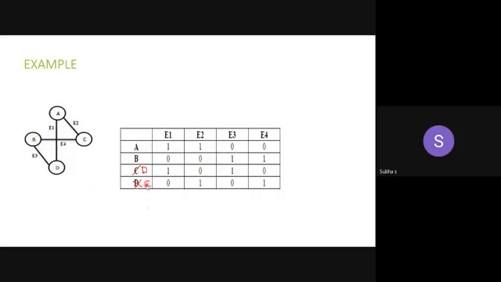Then come to the last ones. This is the correct one. Don't take the actual one. I have corrected it. So for the vertex C, how many edges are incident on C? 2 edges, E2 and E4. So put it as 1 for E2 and E4. For the remaining ones, make it as 0.